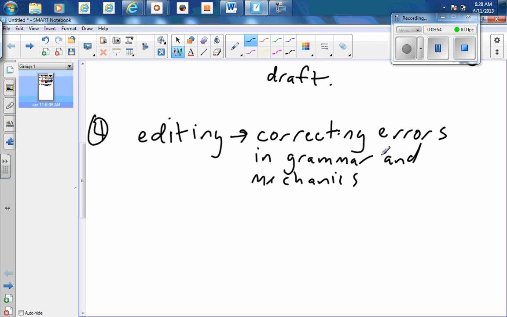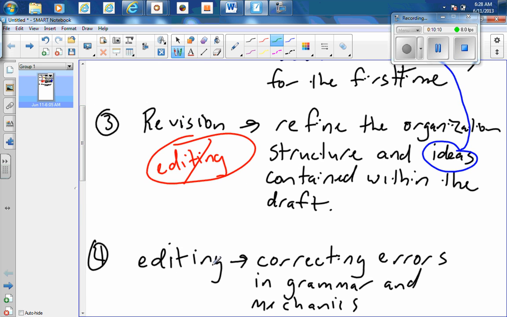But the important part is you do not do the editing until after you revise, and let me explain to you why. Let's say you flip-flop them. Let's pretend that you do your editing first. You say, you know what? I've written that draft. I think it's pretty good, so I'm just going to go right to editing. Well, then you correct everything in your editing, and guess what happens? When you read it, you realize, oh no, it doesn't sound any good.